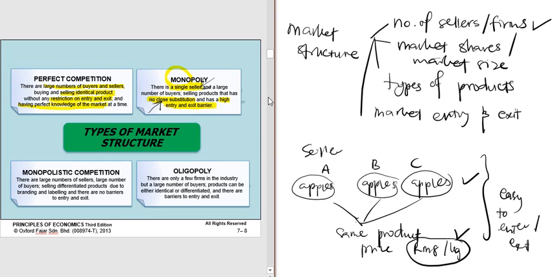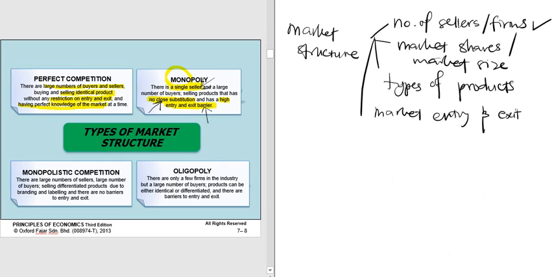And it is hard for other firms to enter this kind of market structure. It is hard for other firms to produce or supply electricity as well. So basically TNB dominates this kind of product or service, the energy provider service.